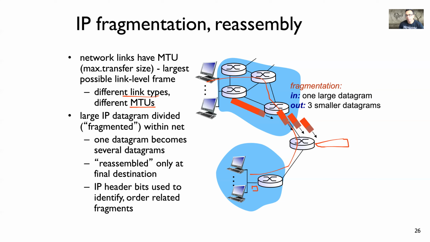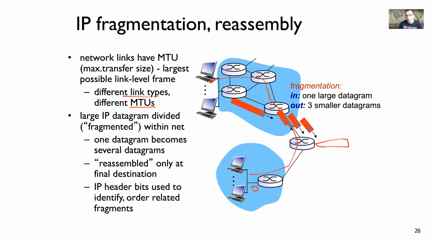Now, clearly, in order for the recipient to actually line up these packets correctly, because remember, just because fragment 1 was sent before 2 was sent before 3 doesn't mean they'll arrive in that same order. Fragment 3 might arrive before 2 because it might take different paths.